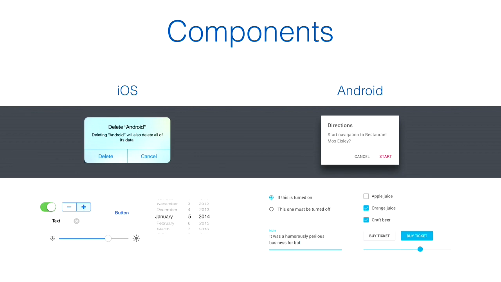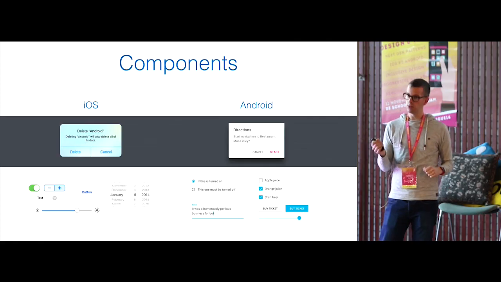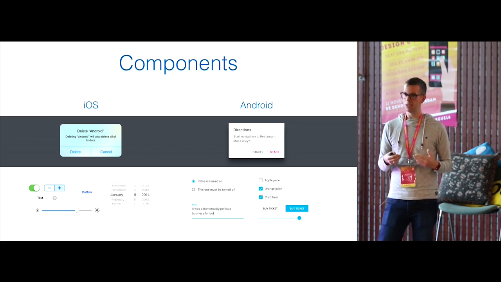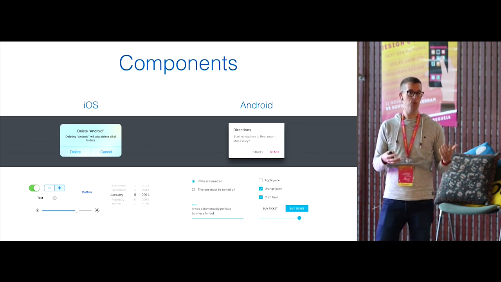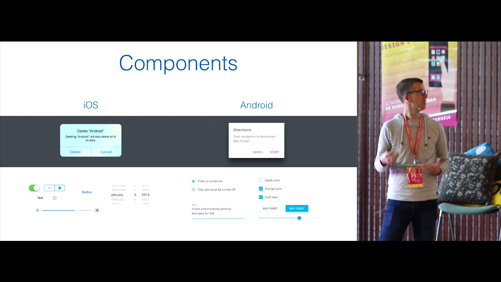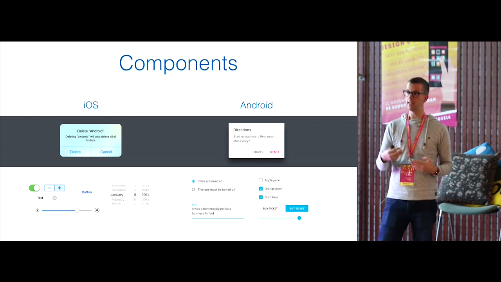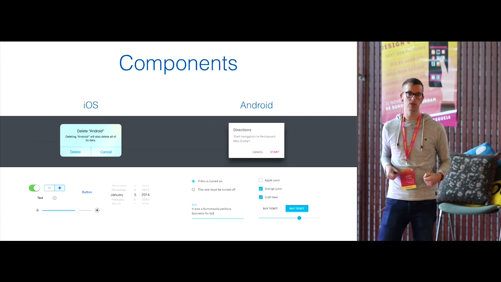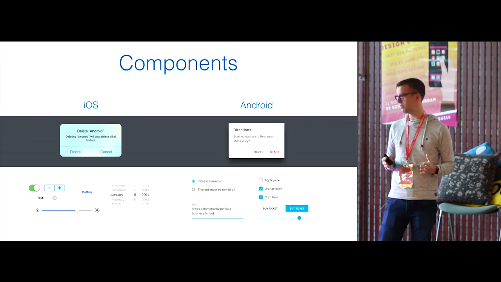For example, in Android, the actionable labels and text on buttons are all caps, which might feel a little bit weird for iPhone users, but Android users are used to that, and in that way they recognize what they can click. So just keep those patterns in play.